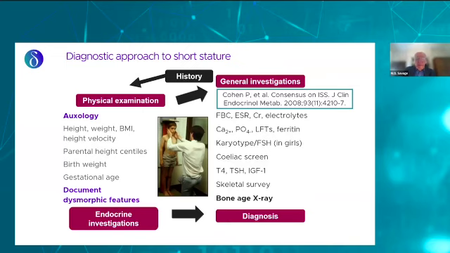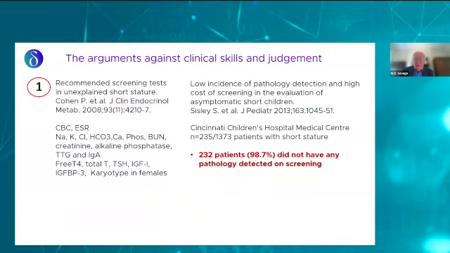So then you come to general investigations. Now, in 2008, we published a recommendation for performing these general pediatric tests in children with short stature. But this was formally challenged in this publication from Dr. Sisley in Cincinnati. And she looked at a number of children, all coming to the pediatric endocrine service, and they all had the tests.